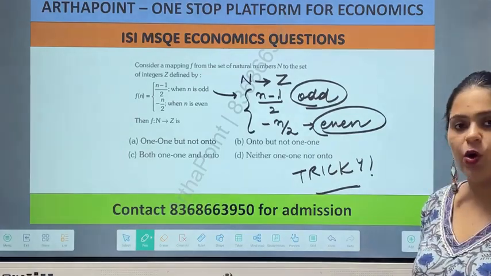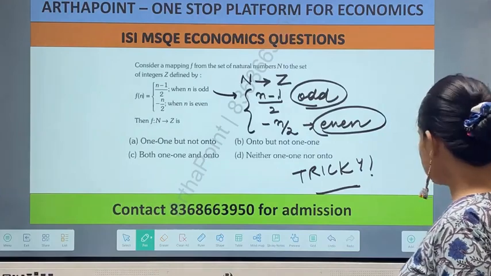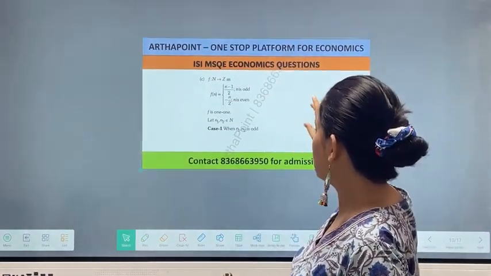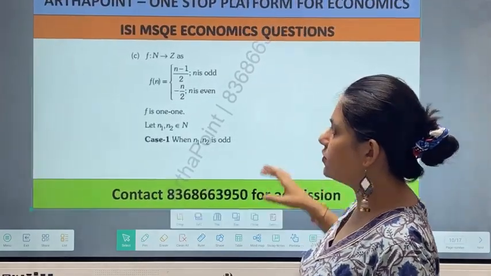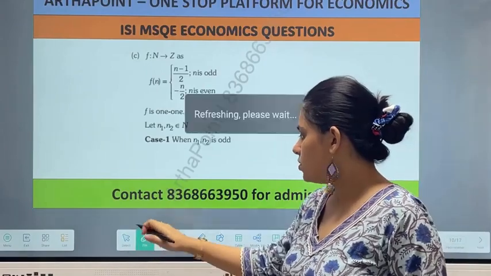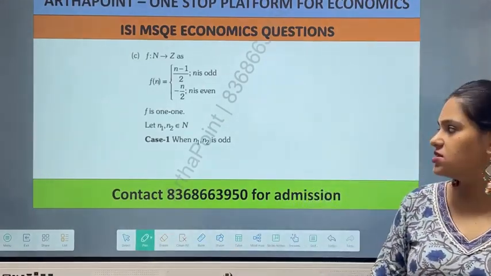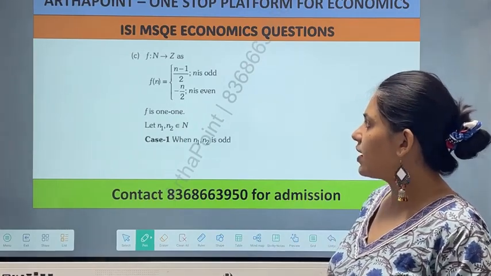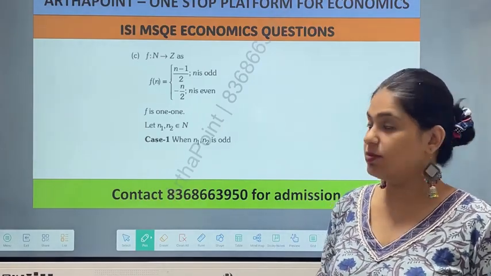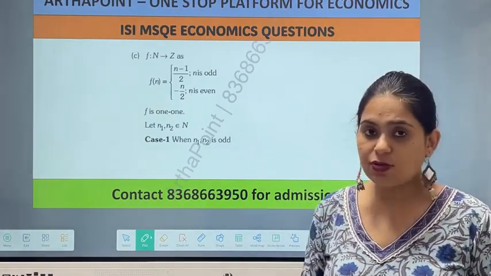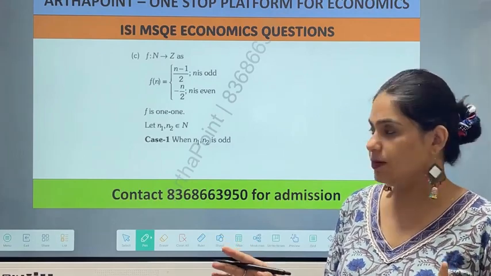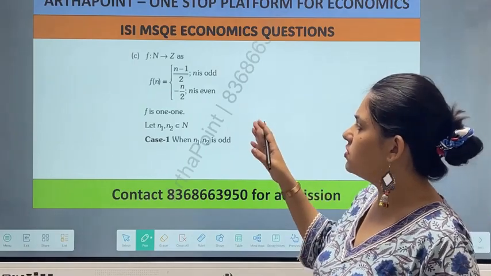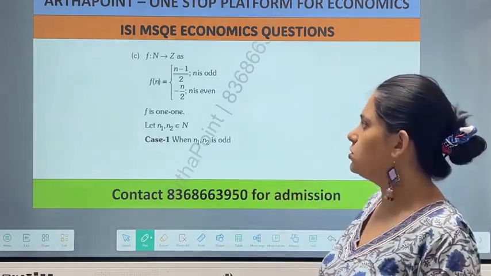I am going to take the first case. First of all, just try to think about it. First of all, I need to ask if it is 1 to 1 or not. Just think about this. The way that I have defined the function, it says that if you put anything odd in n, you will get a corresponding value attached to it.